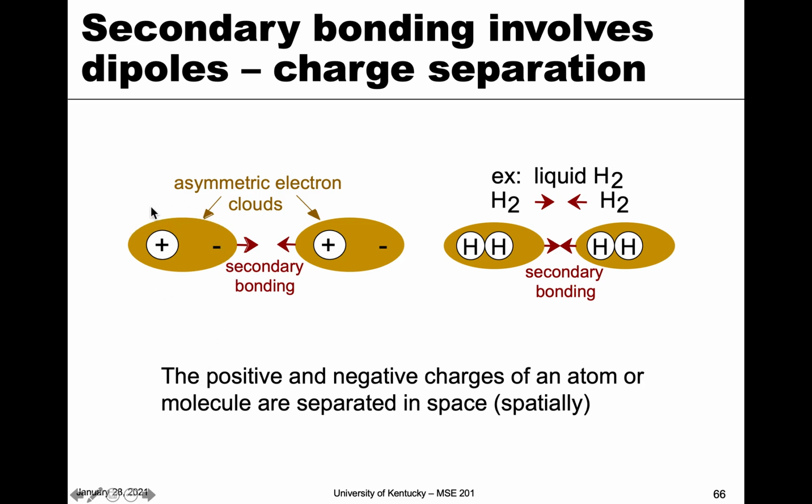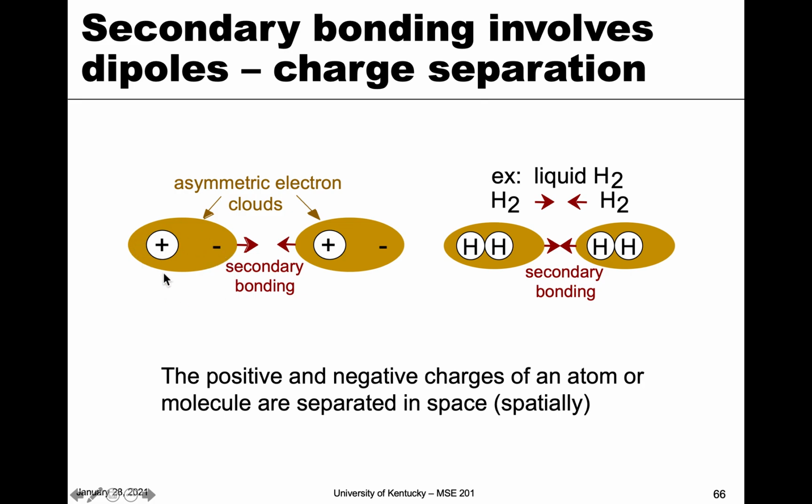Take this molecule we have here, where we have a positive charged core, and then obviously an electron cloud, which is negatively charged. The charge separation happens when the positive and negative are in different places, right? They're not symmetric. In this case, they're asymmetric because the positive is over here on the left and a majority of the negative charge is over here on the right.